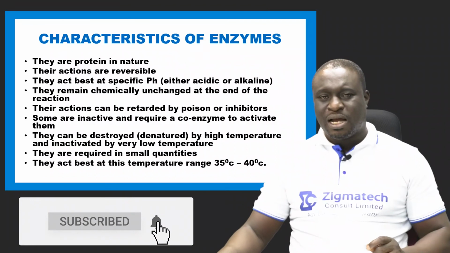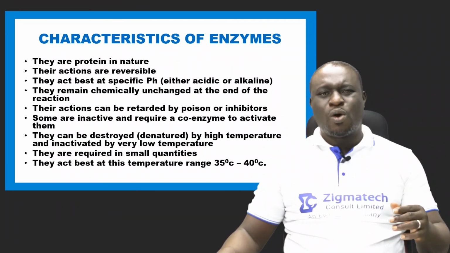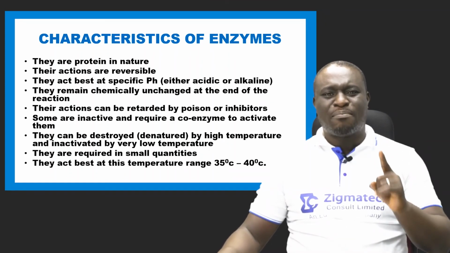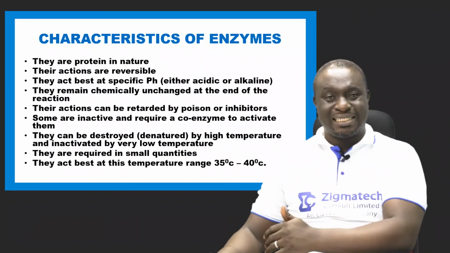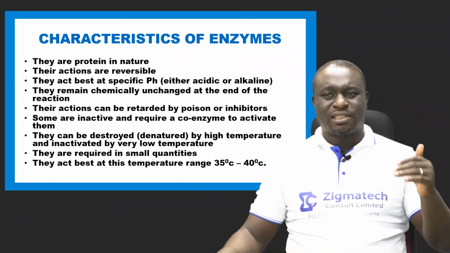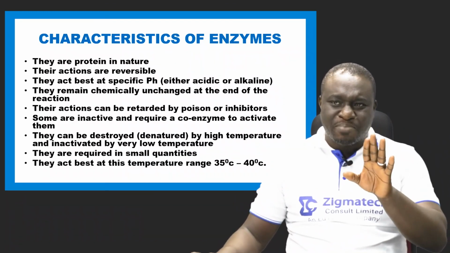Finally, characteristics of enzymes. I'm going to mention just a few, but there are so many characteristics of enzymes. Number one, note this, that enzymes are proteins in nature. Remember, we said that protein synthesizes enzymes. Enzymes also work best at specific pH.